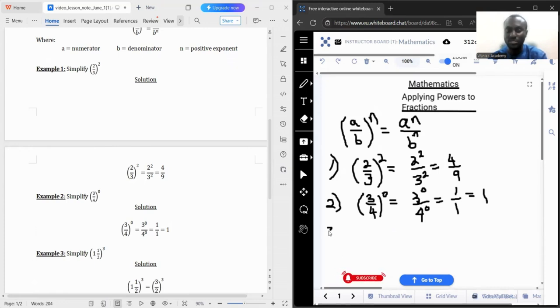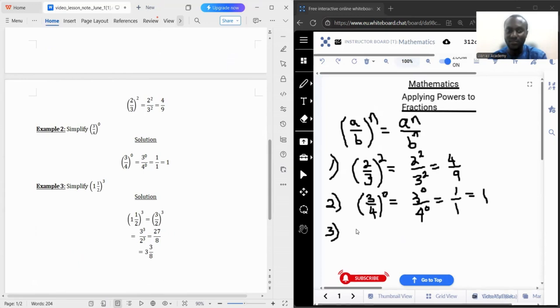Next, we go to example 3, which says simplify 1 whole number 1 over 2 raised to power 3.